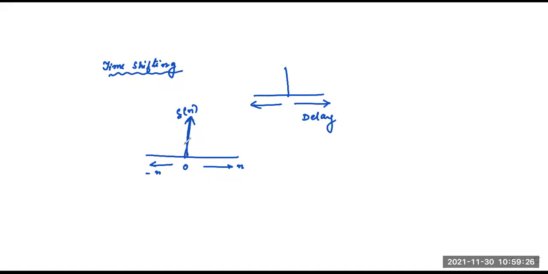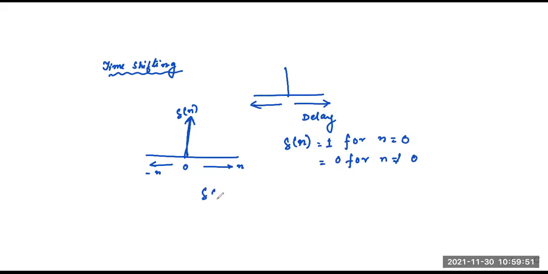So this is delta n, and this is minus and this is plus. What I am telling is, we write the function delta n equals 1 for n equals 0 and equals 0 for n not equal to 0.